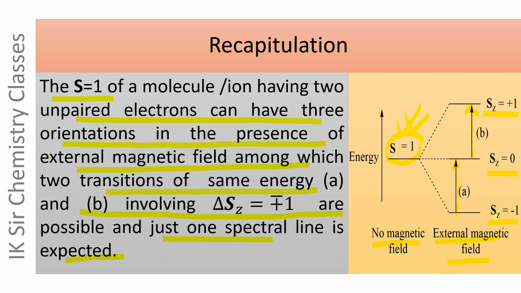These two transitions, from Sz equals -1 to Sz equals 0, that is A, and Sz equals 0 to Sz equals +1, that is B, require the same amount of energy, and hence just one spectral line is expected in the ESR spectrum of such molecules or ions having two unpaired electrons.